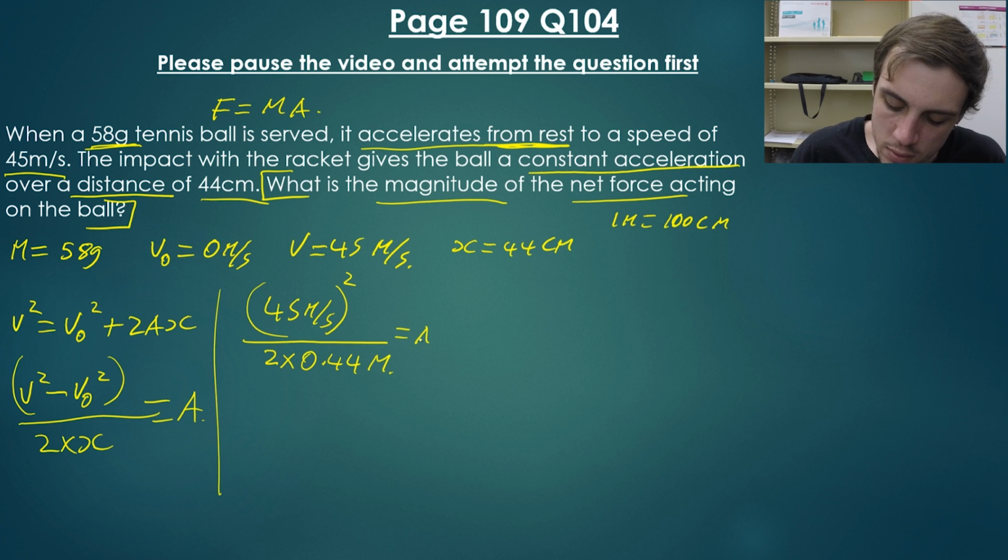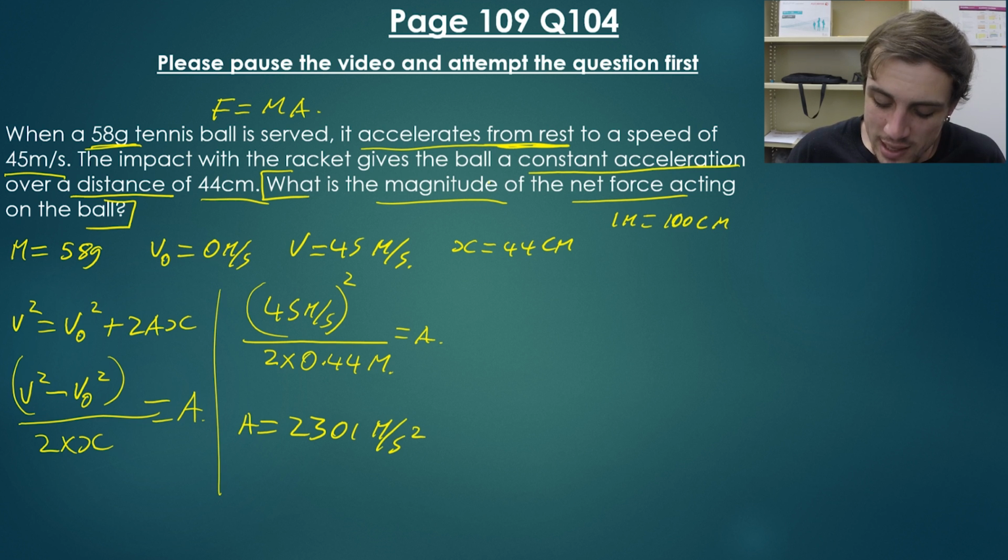So you pop this into your calculator: 45 squared divided by 2 times 0.44, which is 0.88, and that gives you an acceleration of 2,301 meters per second squared.